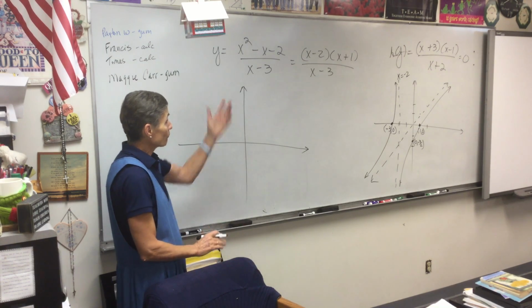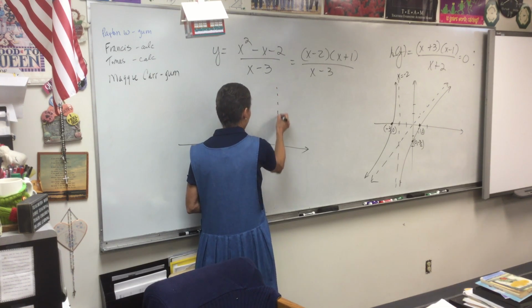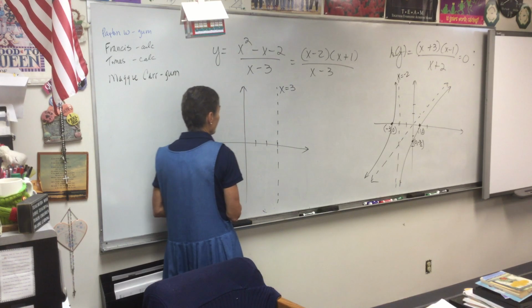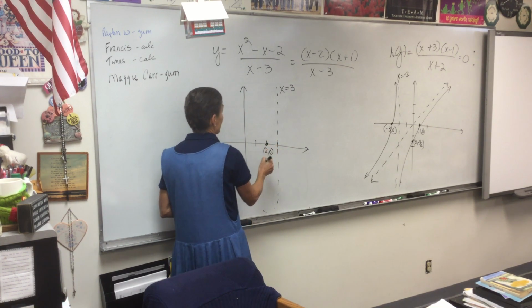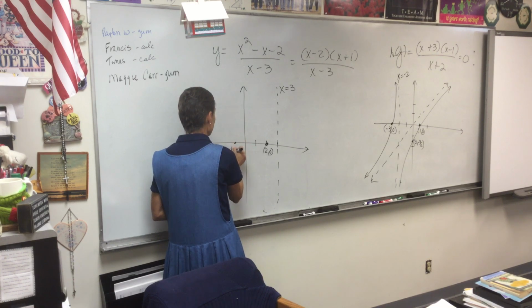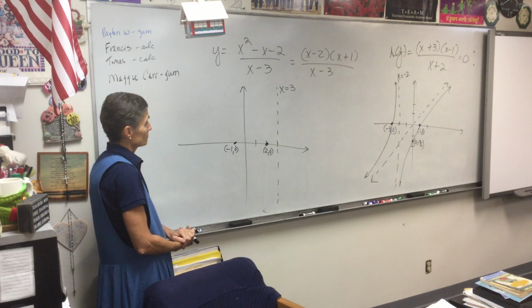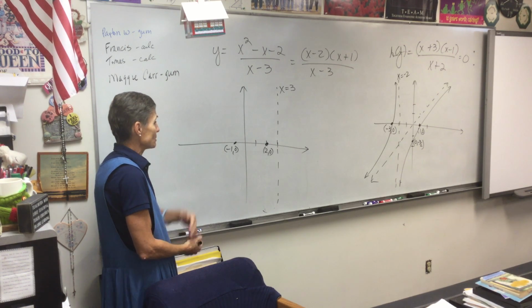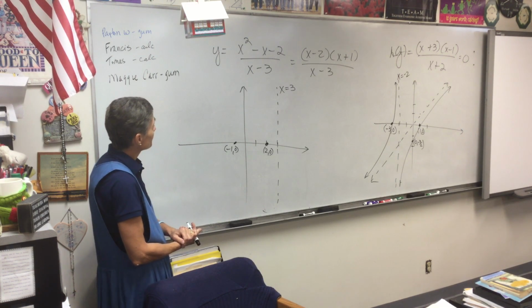I can see though from the work I've done that I'll have a vertical asymptote at 3. Yes. And I will have X-intercepts at 2 and -1. Might as well throw my Y-intercept in there. Where's my Y-intercept going to be?